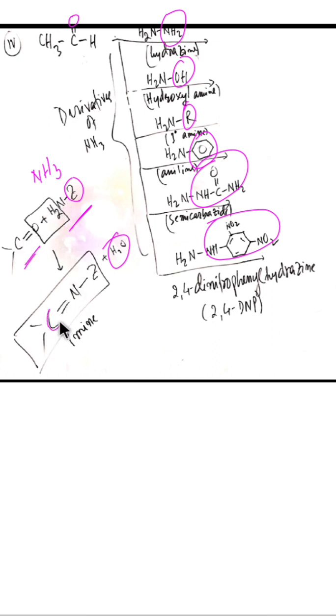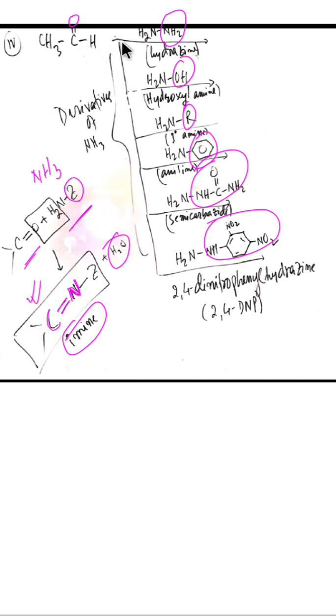So if there is a double bond between nitrogen and carbon, such a compound will be named imine. Okay, and the derivative Z is attached to this nitrogen atom. So these are the reactions, and the products can be written using this trick.